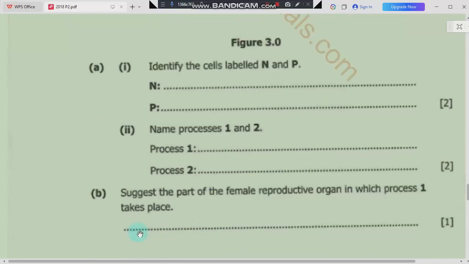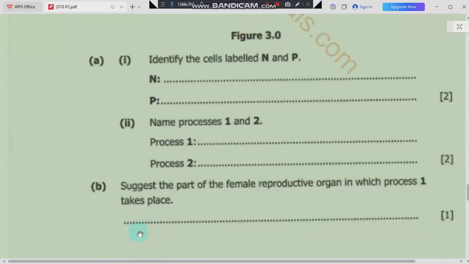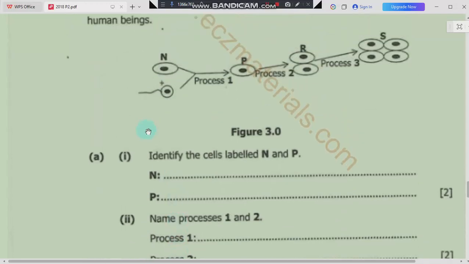Then the question on B says suggest the part of the female reproductive organ in which process 1 takes place. So they are asking you in which place in the female reproductive organ does fertilization occur. We know to say fertilization occurs in the ampulla of the fallopian tube.